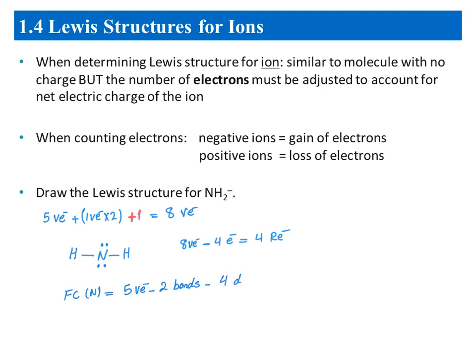That gives me the negative 1 charge. So nitrogen gets the negative 1 charge. And this is what we actually talked about: we have divalent nitrogen here with two lone pairs of electrons, so it is negatively charged.